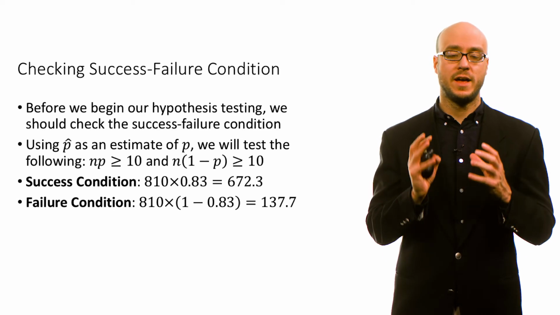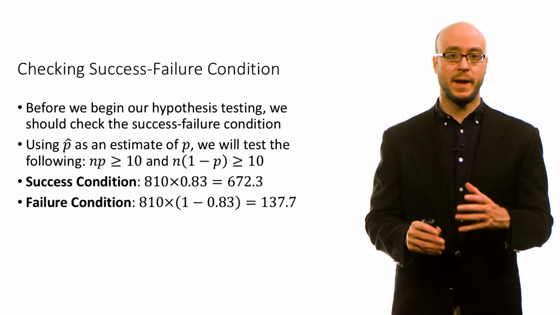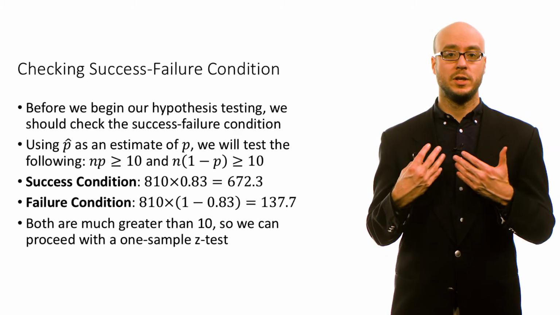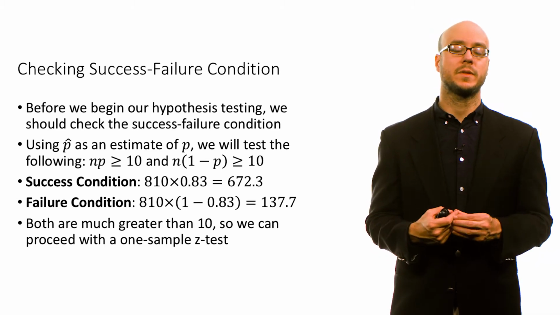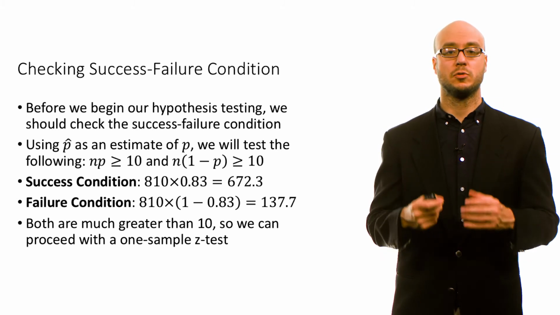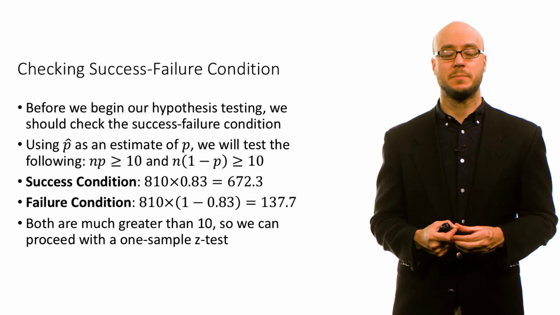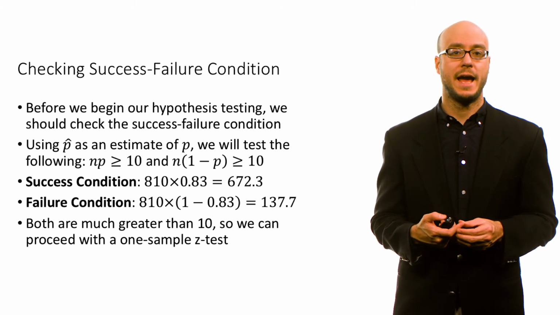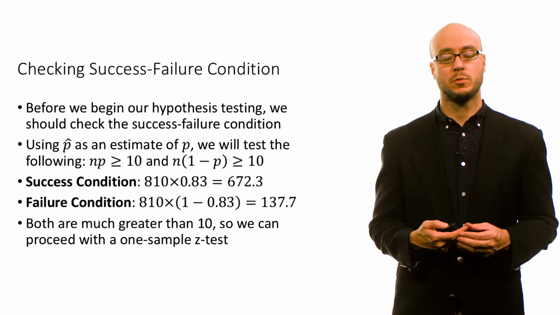Both of these values are greater than 10. The expected number of successes and failures are both greater than 10, so we can be quite confident that the sampling distribution for the sample proportion p hat will be approximately normally distributed, based on this sample size and this value of p hat for the population proportion p.